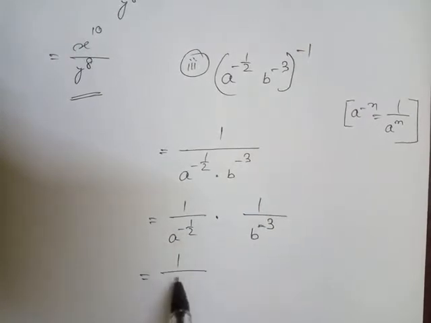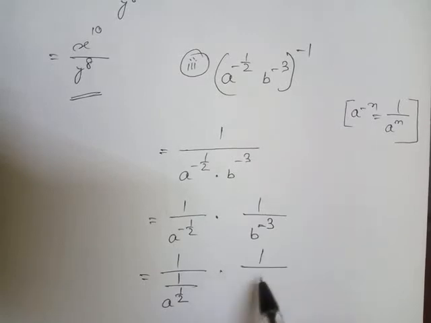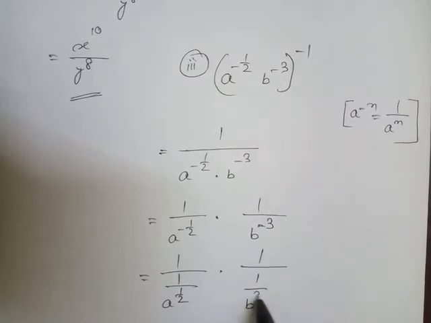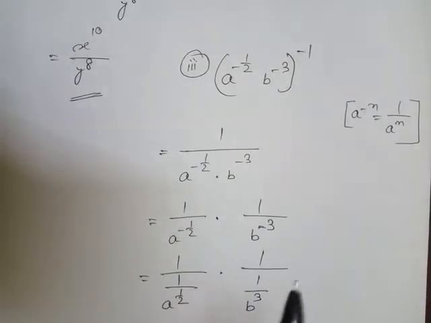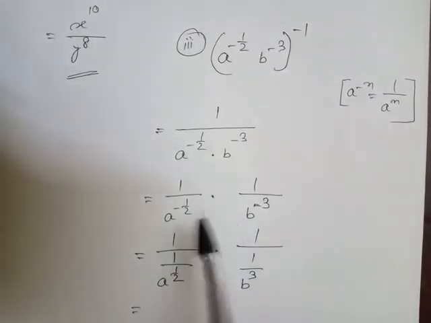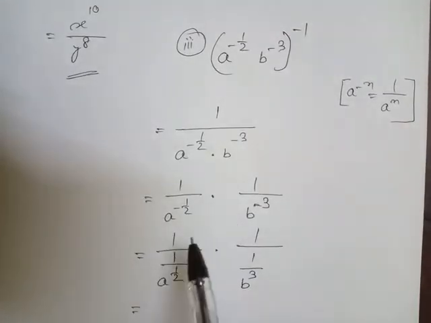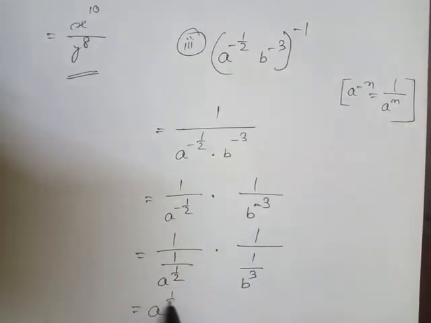So 1 by a to the power half, and here also 1 by b cube, using the same formula here. Now in the next step, look here, 1 by, and this will go for the reciprocal, so a to the power half, and this is only b cube.